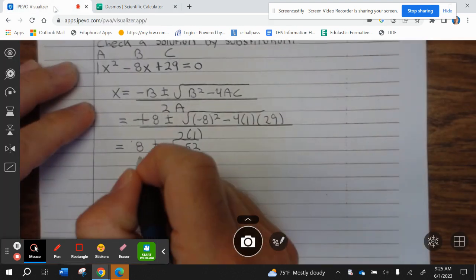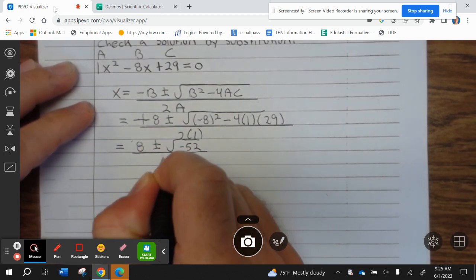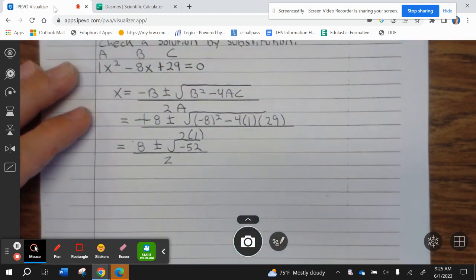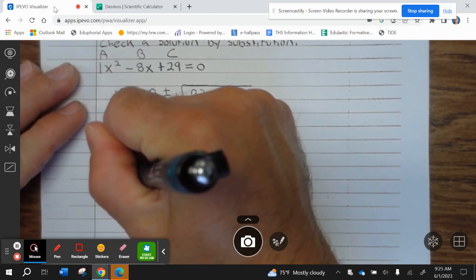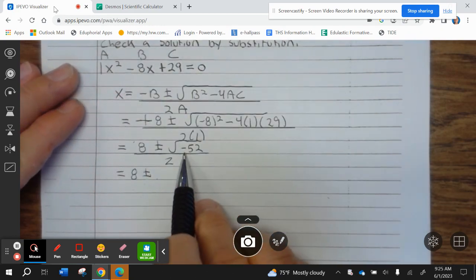Okay, divided by 2. So that equals 8 plus or minus. We know that it's negative, it's imaginary.